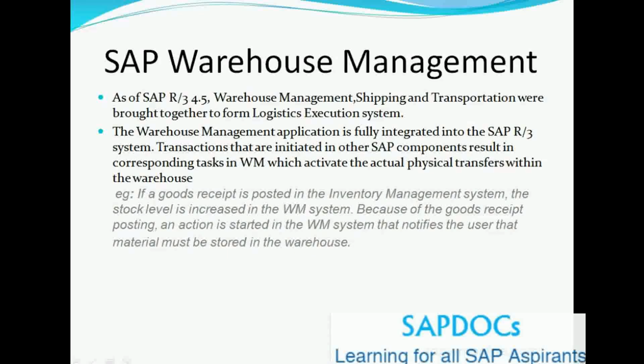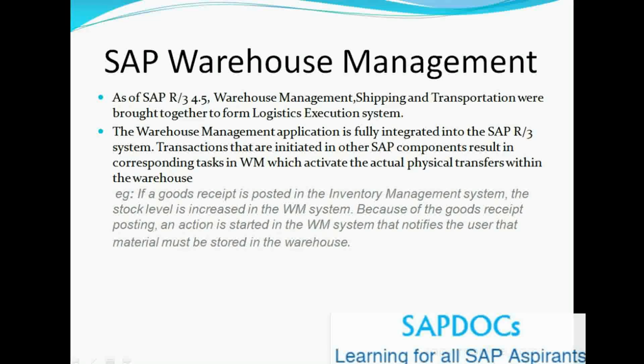The transactions that are initiated in other SAP components result in corresponding tasks in WM, which activate the actual physical transfer within the warehouse. So for example, if a goods receipt is posted in the inventory management system, the stock level is increased in the WM system.